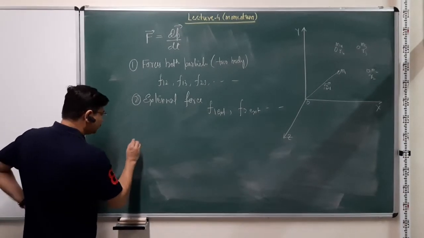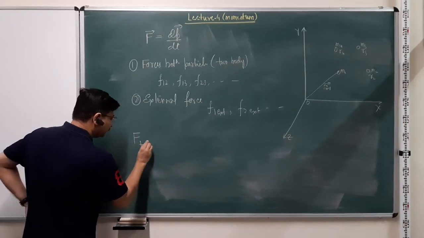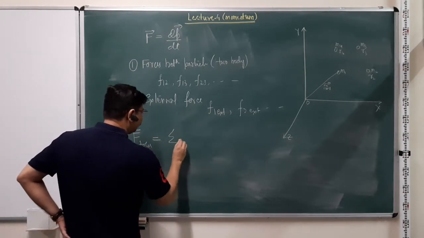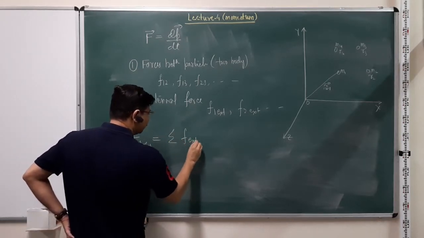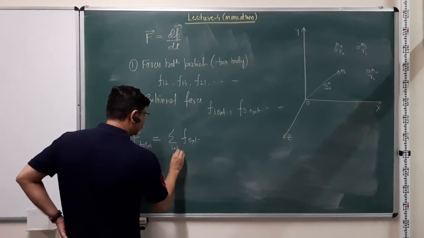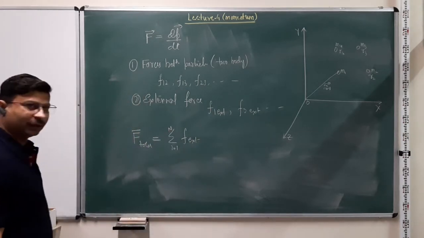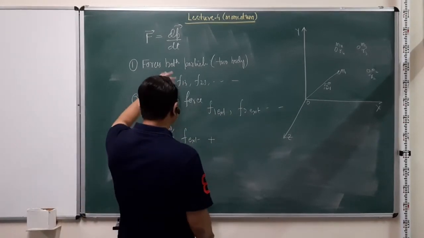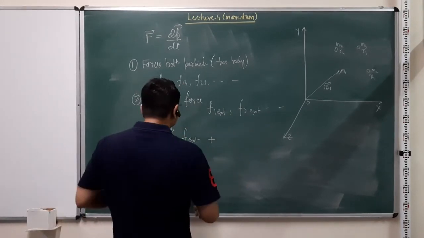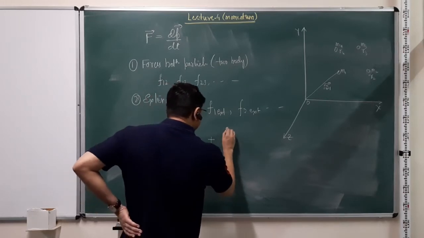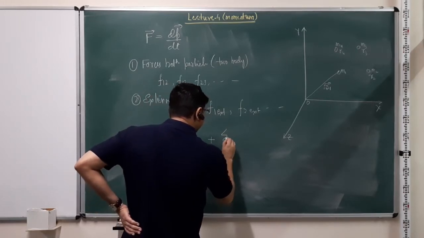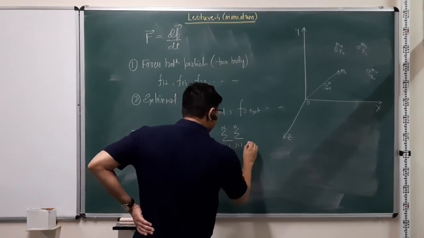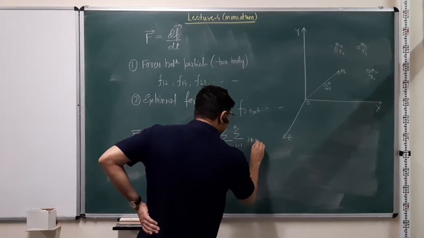And now the total force, so F total, and now I'll write the vector, is sum of all external forces. So i equal to 1 to n, let's say there are n particles, plus, now this is slightly important because these are two body forces. So sum over i equal to 1 to n, sum over j equal to 1 to n, where i is not equal to j.